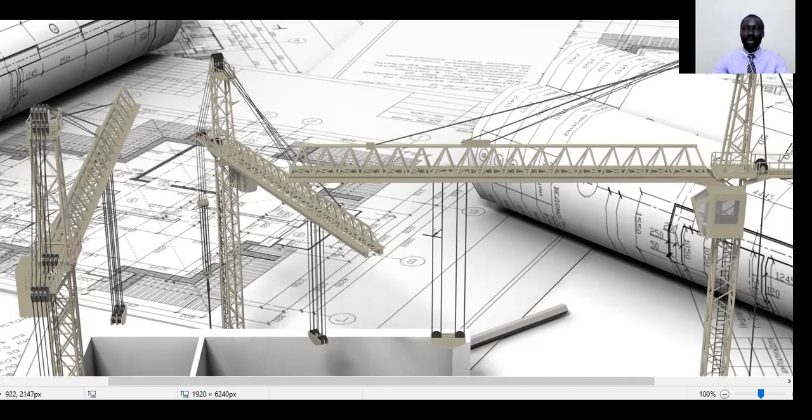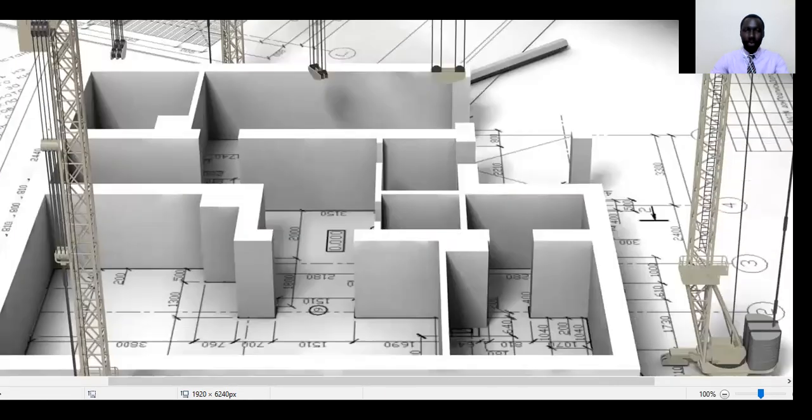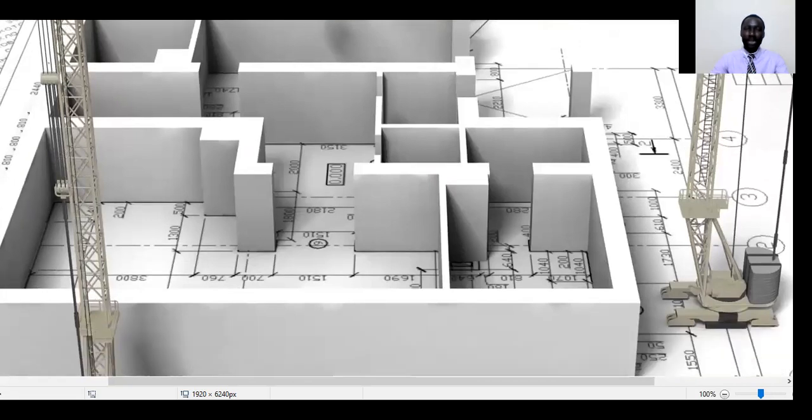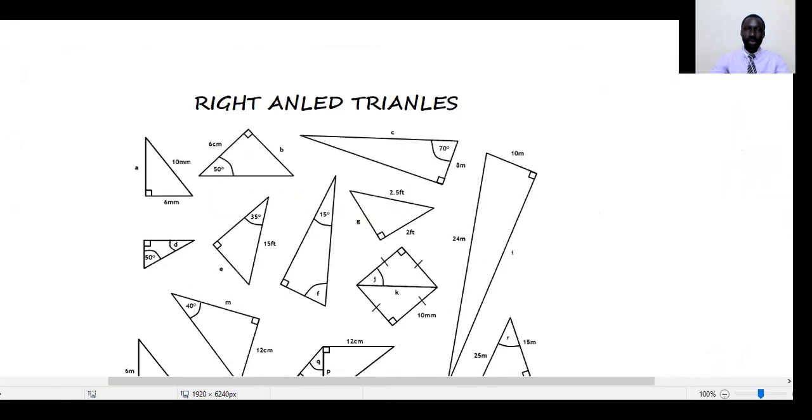We will be looking at the different triangles, identifying which one has the 90-degree angle before we go ahead to investigate the other properties of this triangle.